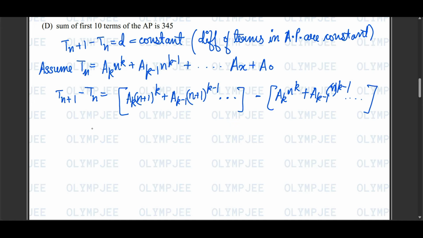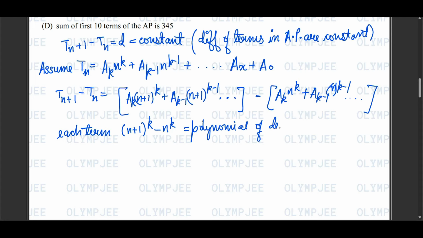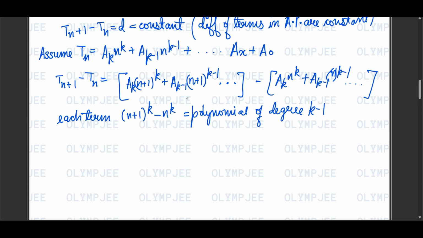So each term is a polynomial of degree k, right? Because n to the k and n to the k will get cancelled and it will become a polynomial of degree k minus 1. So since this has to be constant, k must be equal to 1, so that n raised to power 0 becomes equal to 1, right?